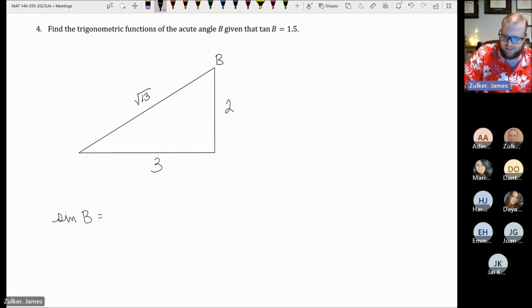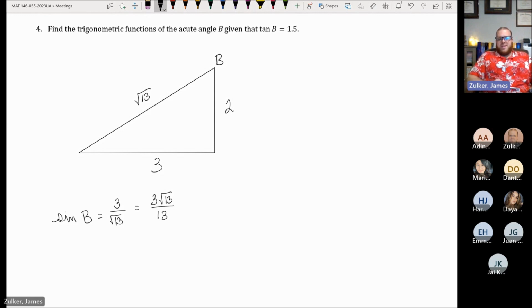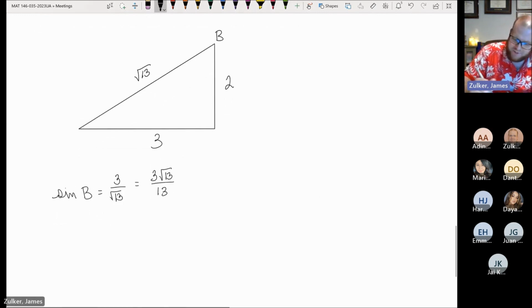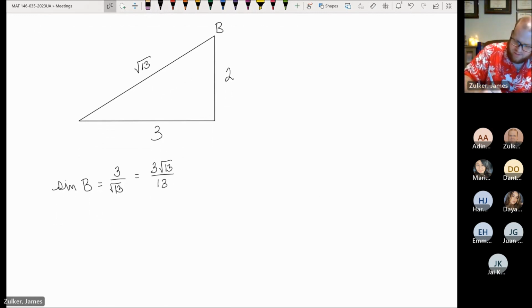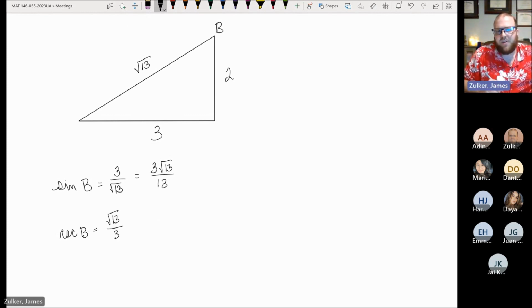Sine of B. Right, 3 over root 13, which means cosecant of B, root 13 over 3.